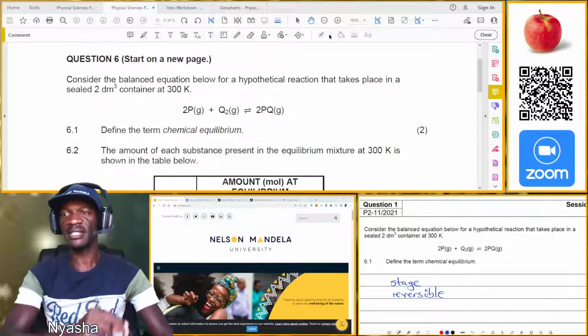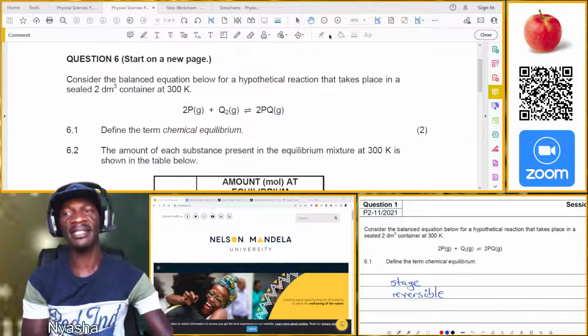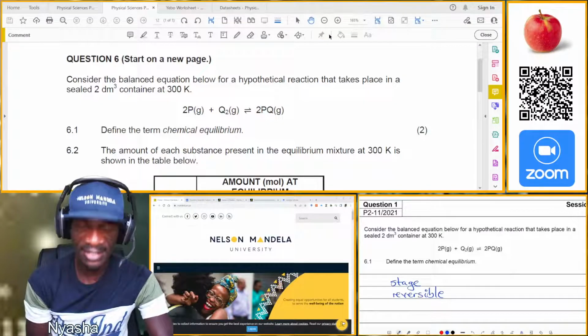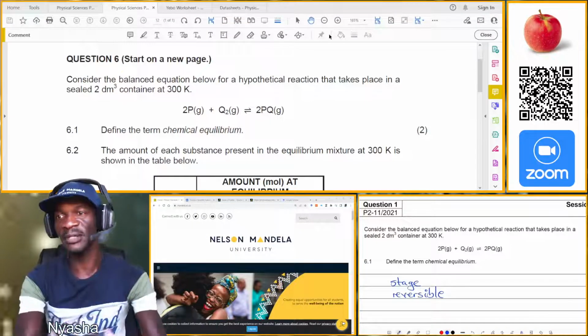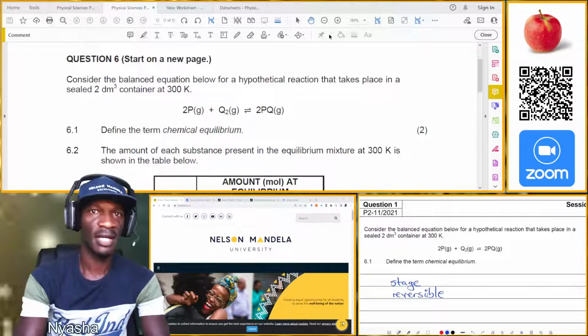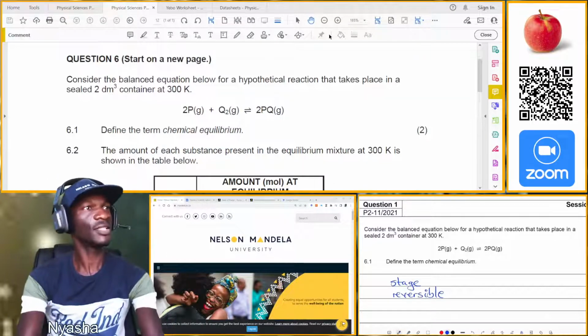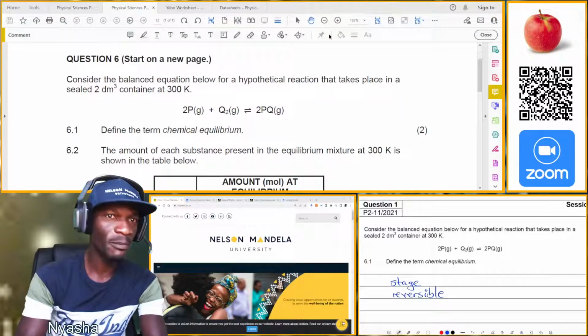So the key words in your definition, you should talk about chemical equilibrium as a stage. It's a stage in a what? In a reversible chemical reaction. So every chemical reaction has different stages. There's a stage where you just have the reactants. There's a stage where the reactants start to interact. There's a stage where they form some products.